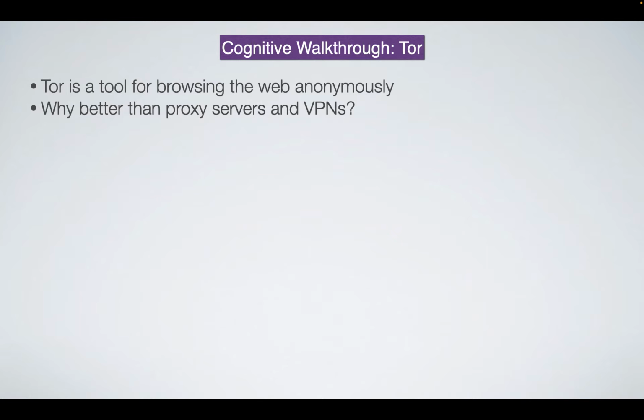The way a proxy server works is it just forwards the traffic. So I want to go to Facebook, I go to the proxy server, and then the proxy server goes to Facebook. Then Facebook comes back. Facebook only knows that the proxy server asked for it, so it sends it back to the proxy server, and then the proxy server sends it back to me.